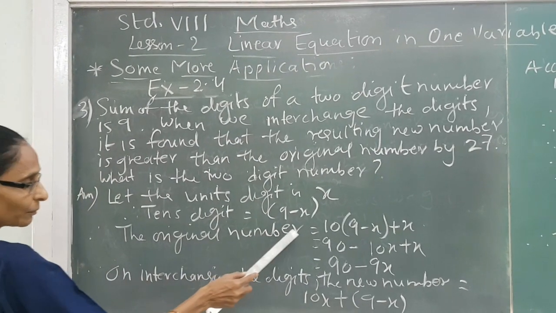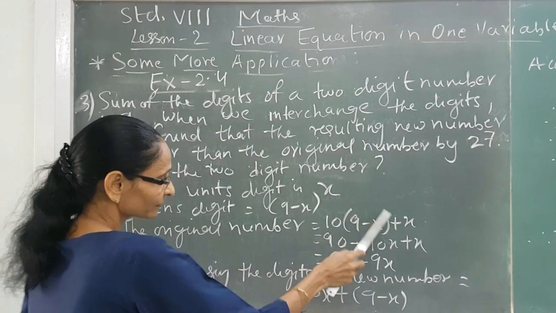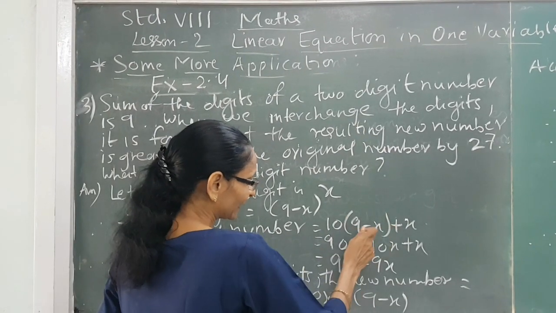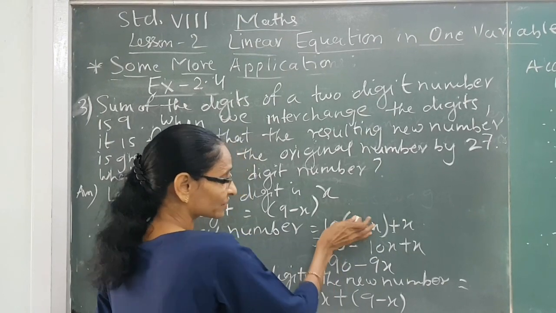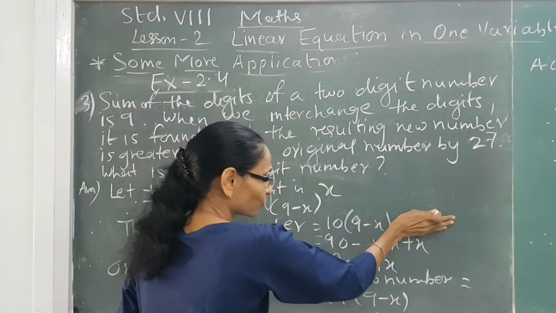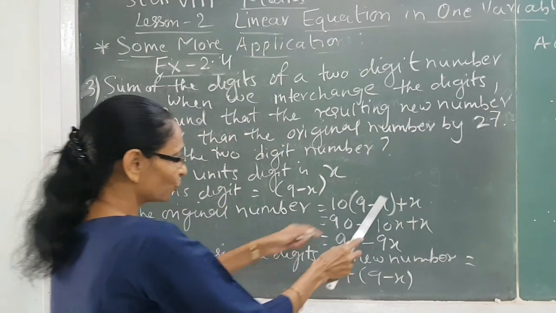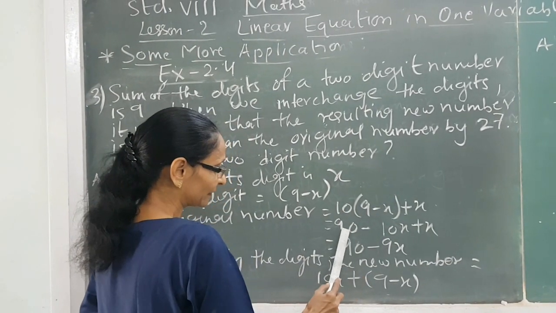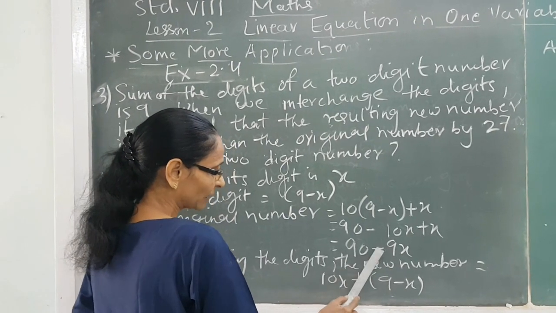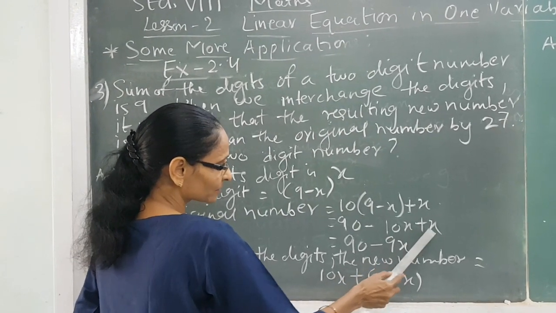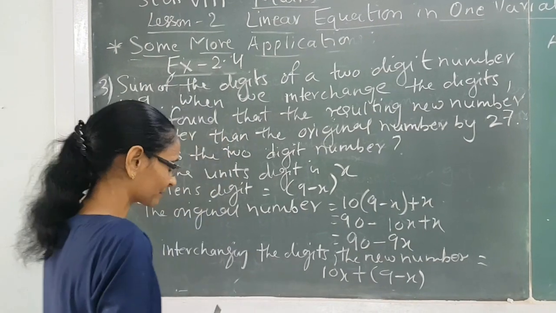Now the original number is 10 bracket 9 minus x, plus x. Why is this multiplied by 10? Because this is the tens place and this is the ones place. And when you open the bracket, 10 into 9, 90 minus 10x plus x is equal to 90 minus 9x.